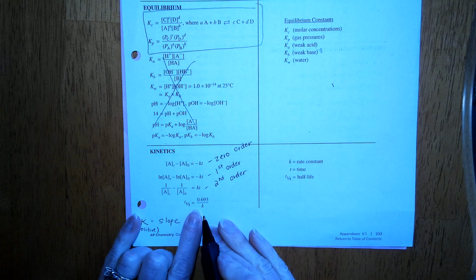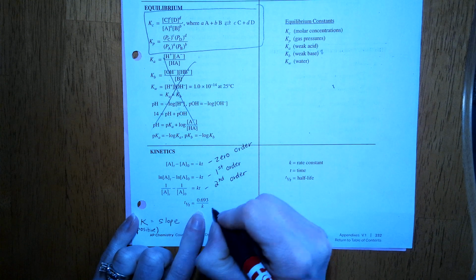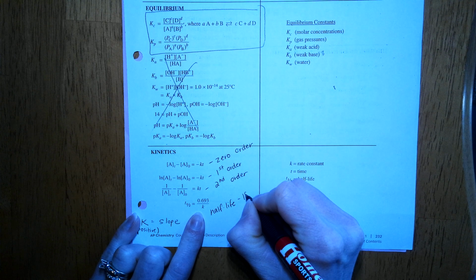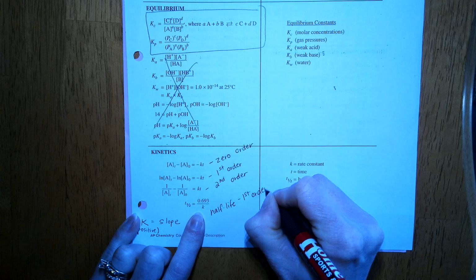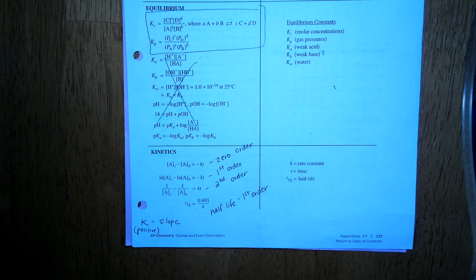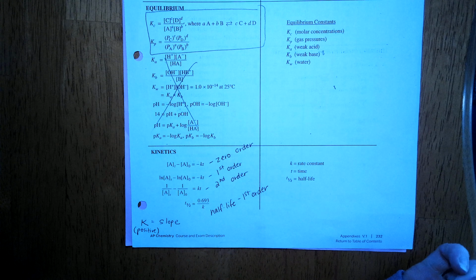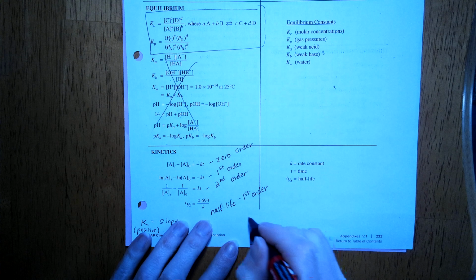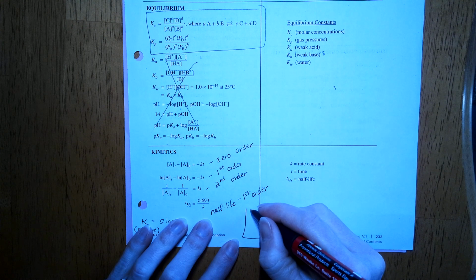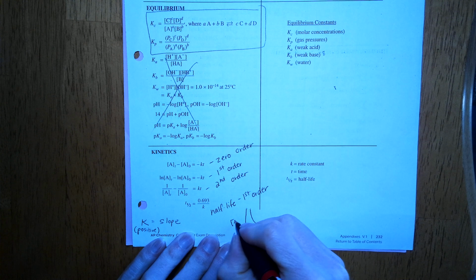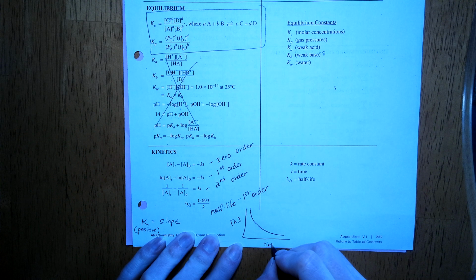And then finally, they give you half-life. Half-life, we could mention, is a first-order reaction. So you got a couple ways to solve for half-life. If they give you a graph and you know that it's first order, you could just estimate off the graph. You'd want the graph of concentration versus time, and usually it would look like this if it was just concentration versus time.